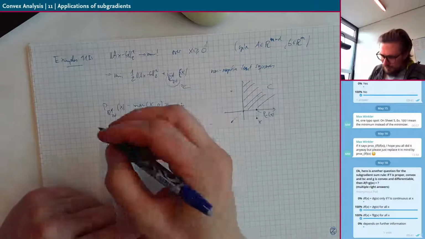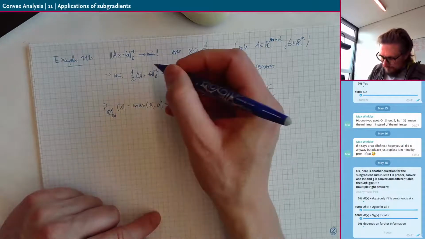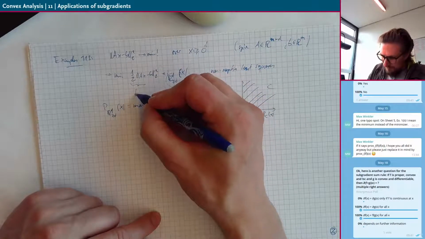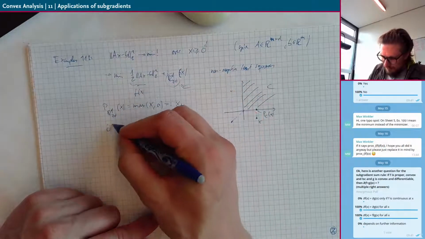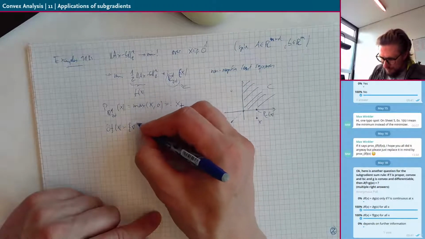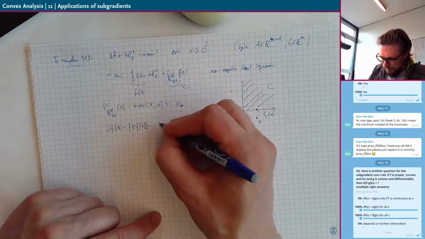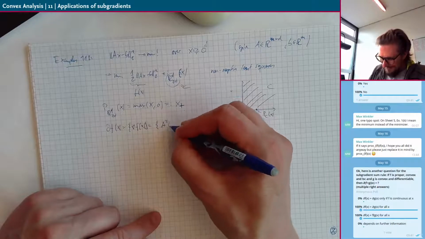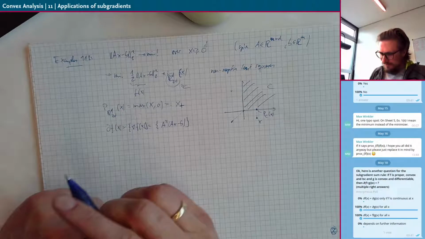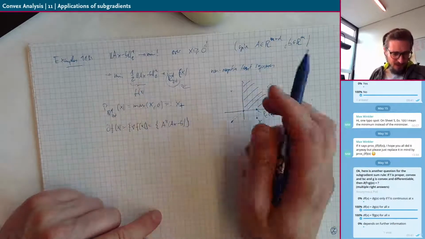Good. So in this case, let's take this here as f. Then the subgradient of f, because f is differentiable, is actually the singleton which contains the gradient of f, and the gradient of f is A transpose (Ax minus b), which you can get by linearization or however you like.